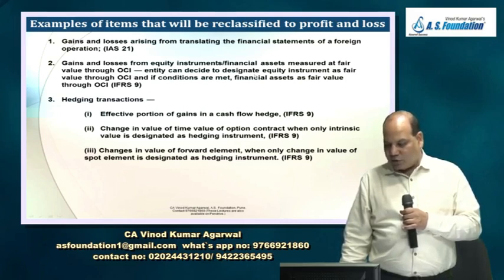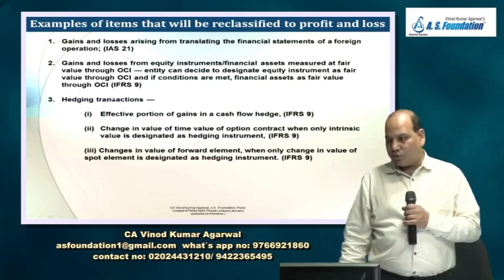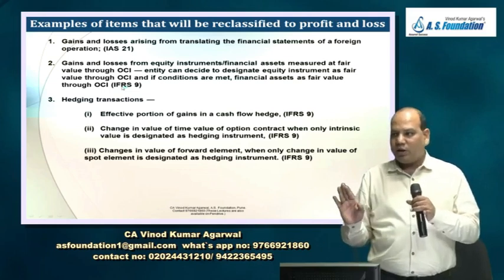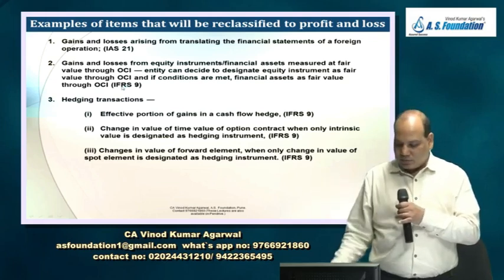Entity can decide to designate equity instrument as FVT OCI, and if conditions are met, financial asset as FVT OCI. This is covered in IFRS 9. All financial instrument related discussion will be covered in IFRS 9.